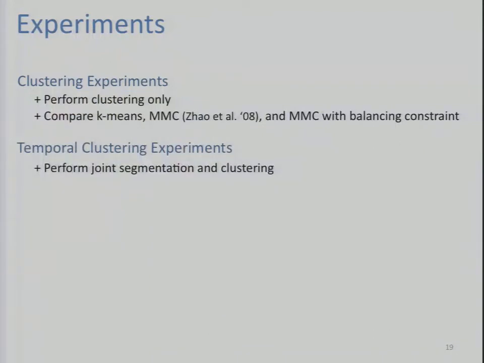Now let me explain the experiments. There are two sets of experiments here. In the first set, we only perform clustering. There's no time series in the first set of experiments, so we compare different clustering models. In the second set, we perform joint segmentation and clustering.